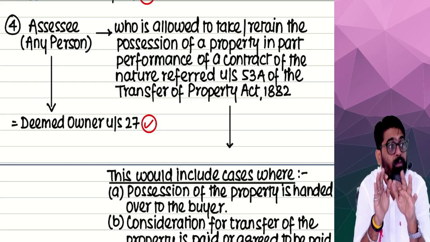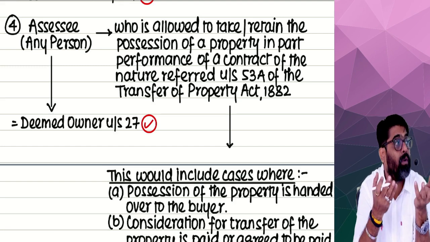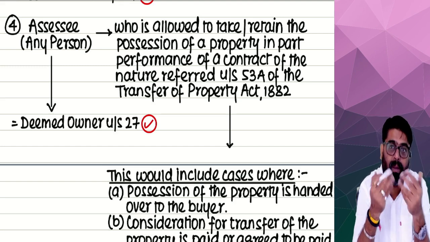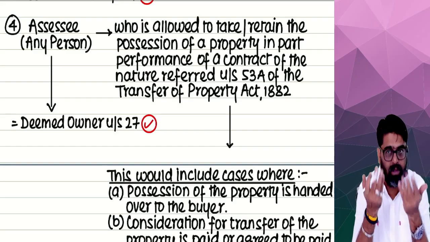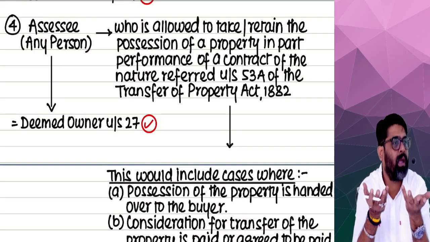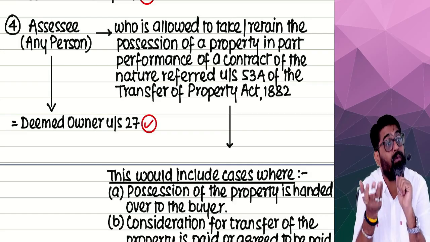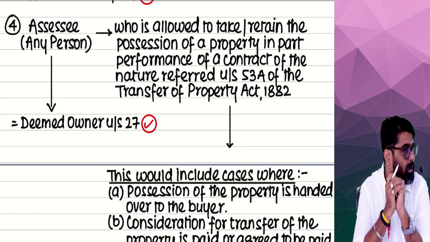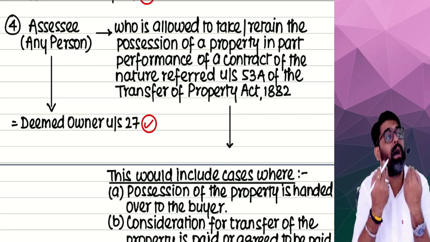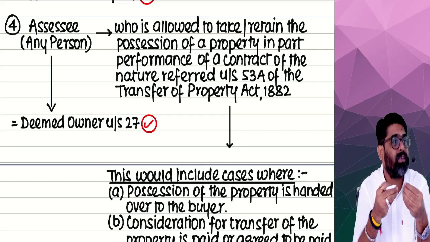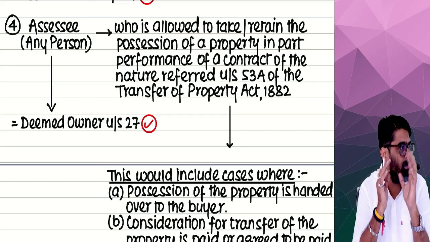What part you are going to perform? You are going to give me the consideration, or you are going to take the liability to pay me the consideration. So either pay me the consideration or take a liability to pay me the consideration. So that is the part which you will have to perform. Now, what part I will have to perform in return? I will have to give you the possession and transfer the property to you.